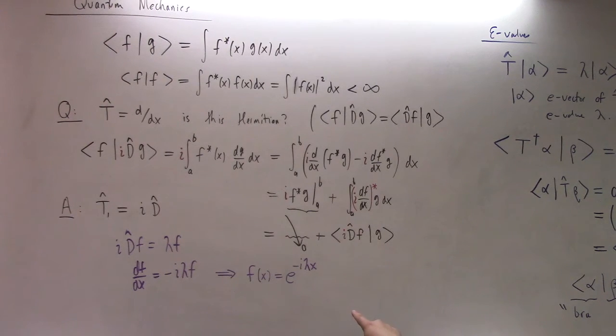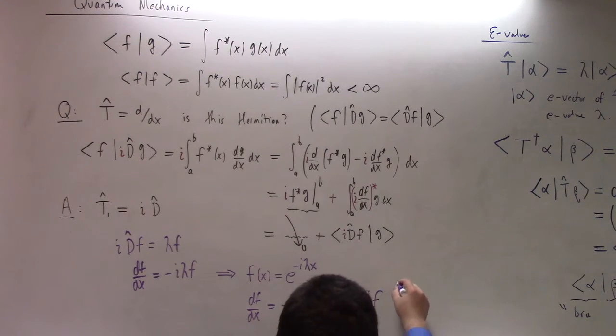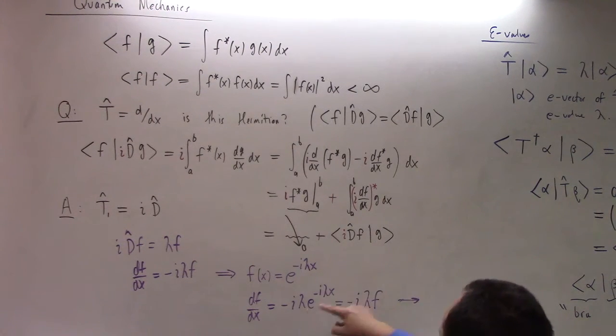If you differentiate that, you get back minus i lambda times e to the minus i lambda x. Yeah, so then we multiply both sides by i, we get i d/dx acting on f equals lambda f. There we go.